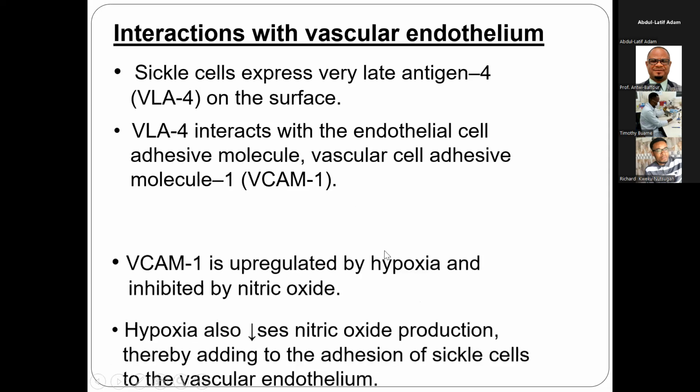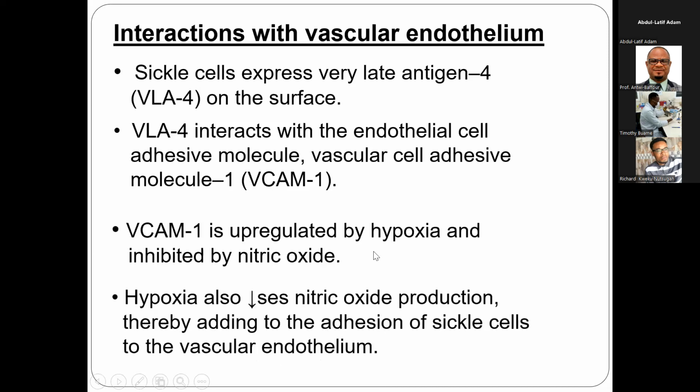So VCAM1 is said to be also upregulated in hypoxia, which inhibits nitric oxide. Hypoxia also decreases nitric oxide production, thereby adding to the adhesion of sickle cells to the vascular endothelium. And it is this adhesion that stops them from moving, all right?